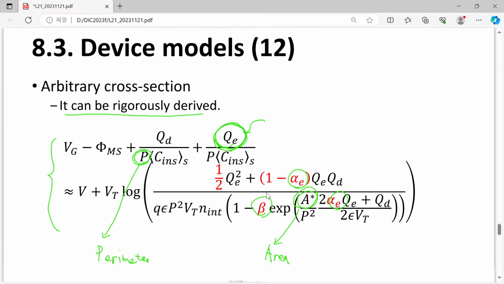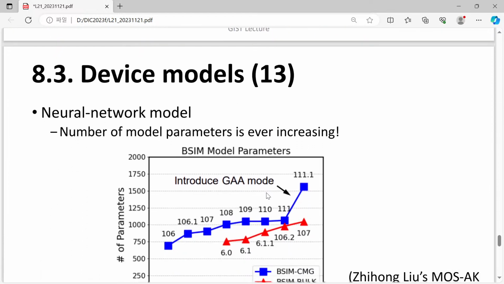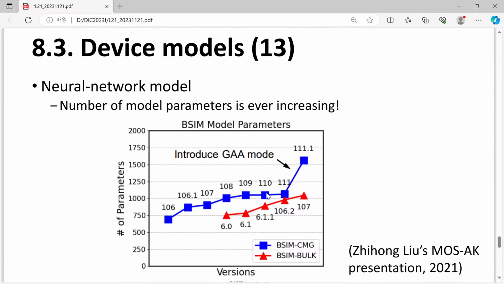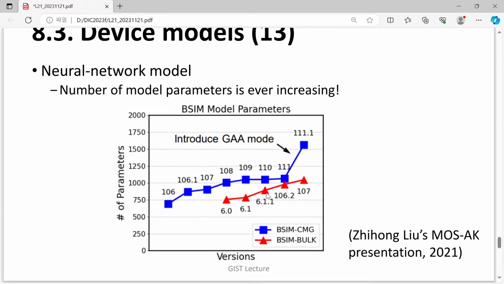Yes, and the final topic I wanted to discuss in today's lecture is the so-called neural network model. Currently, BSIM-CMG is widely adopted and everybody is using this one. This graph is taken from a Chinese company's presentation two years ago. The x-axis is the version of the BSIM model, and the y-axis is the number of internal parameters we have to specify.